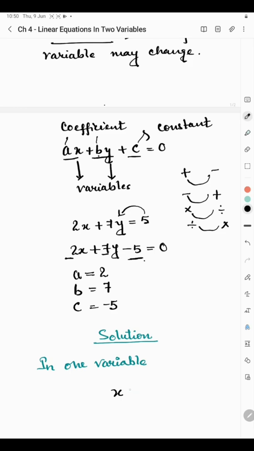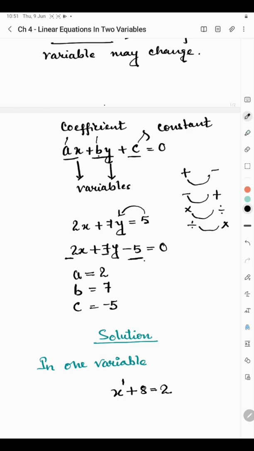Suppose the equation is x plus 8 is equal to 2. Okay. Now here this is known as a linear equation. Why? Because the highest degree of the variable x is 1, and since only one variable is there, which is x, this is known as a linear equation in one variable.